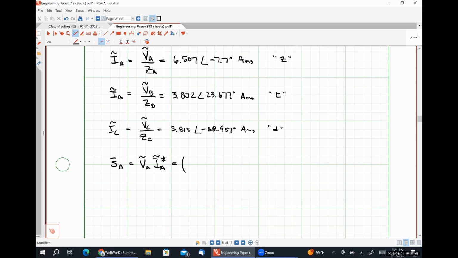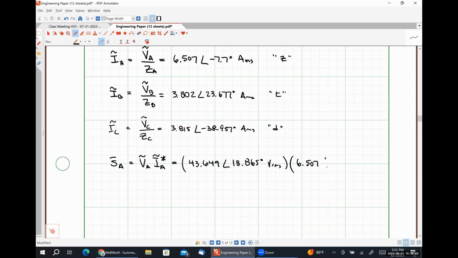So if VA was 43.649, angle 18.865 degrees volts RMS. IA, we have up here above, 6.507. The conjugate, we're going to change the sign on the angle. So now we're going to have positive 7.7 degrees amps RMS.